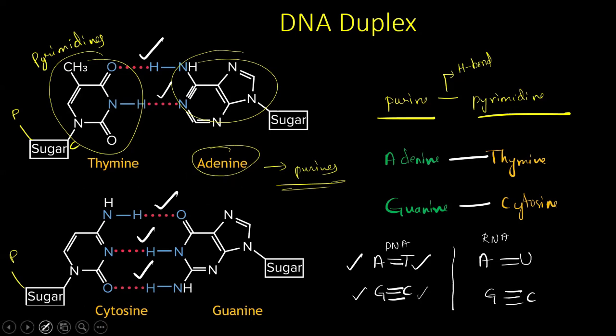So we call it complementary base pairs. Remember this one thing: always remember the purine will join with the pyrimidine with the help of hydrogen bonds.